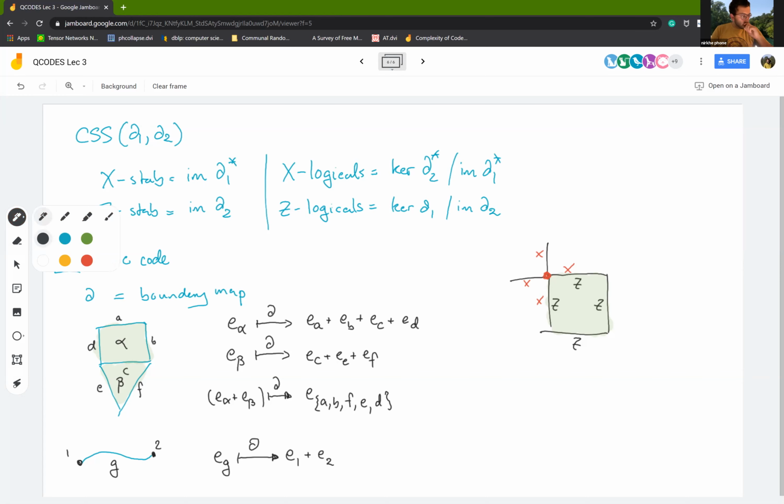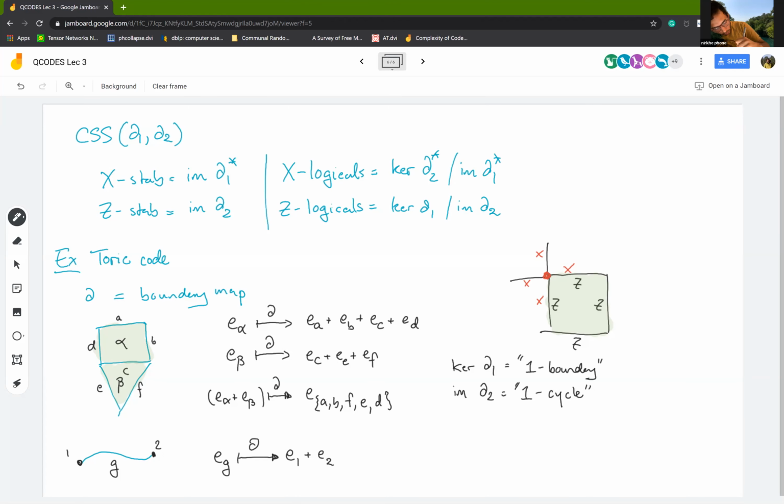So maybe I'll just say one thing about how one perceives this in algebraic topology language. This kernel of delta 1 is called a one boundary, and the image of delta 2 is called a one cycle.